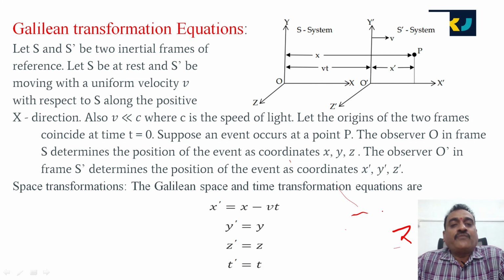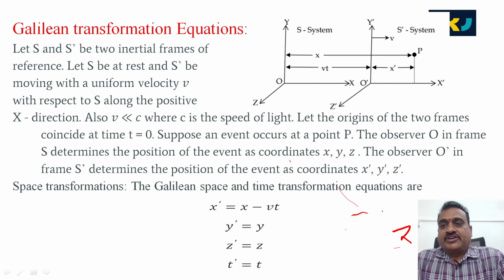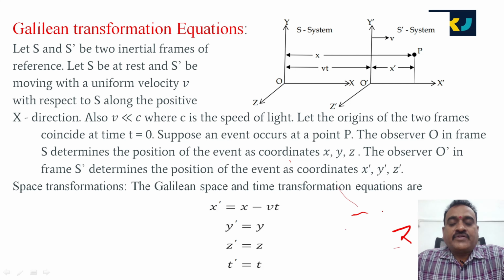The transformation from one inertial frame of reference to another is called Galilean transformation. The transformation from one inertial frame S to another frame S dash is called Galilean transformation. It expresses the space-time relation of an event in different frames.